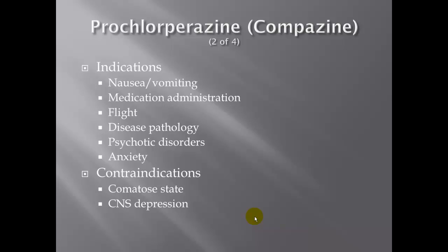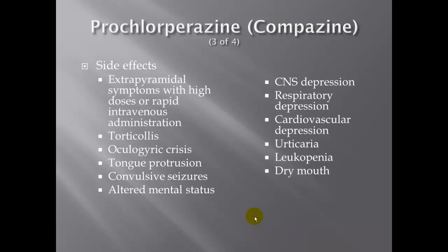Contraindications: comatose state, CNS depression. Side effects: extrapyramidal symptoms with this one as well, with high doses or rapid IV administration, torticollis, stiff neck, tongue protrusion, convulsive disorders, altered mental status, CNS depression, respiratory depression, cardiovascular depression, urticaria, leukopenia, and dry mouth.